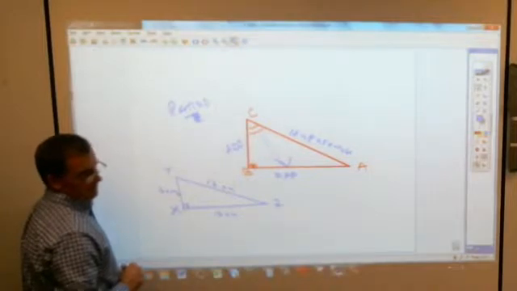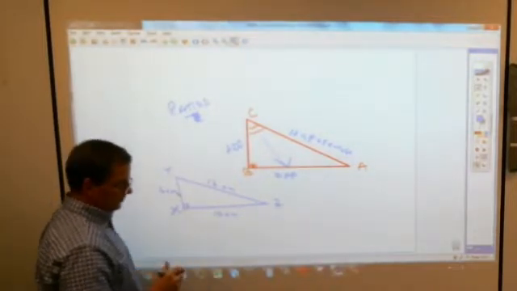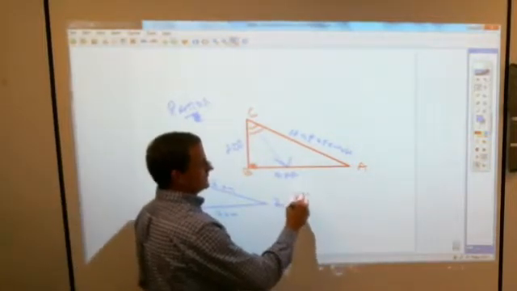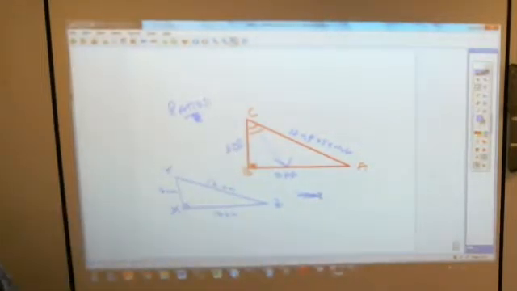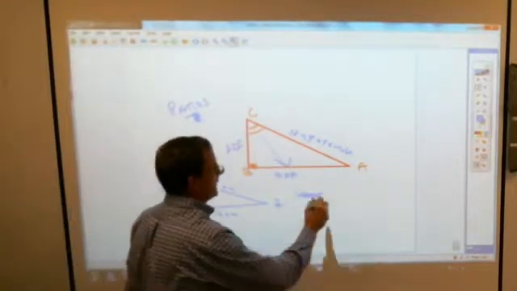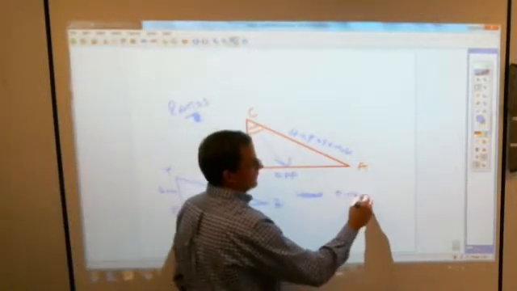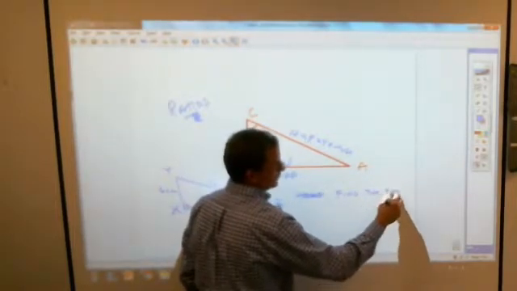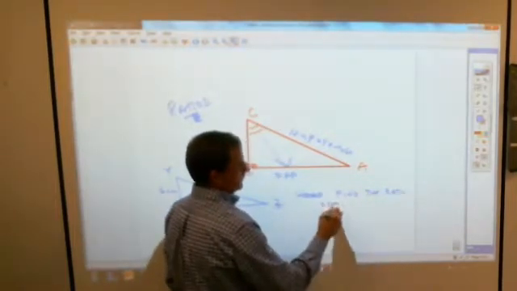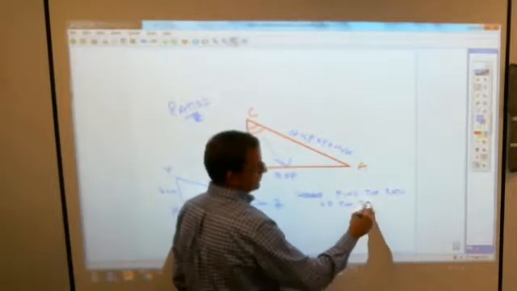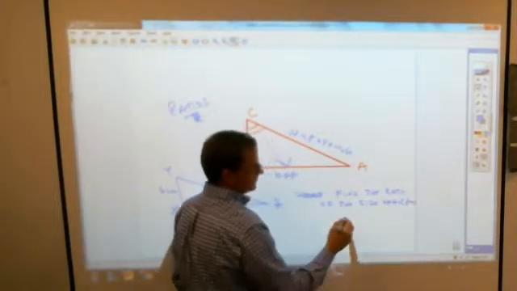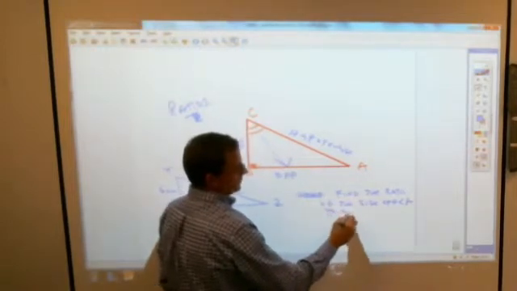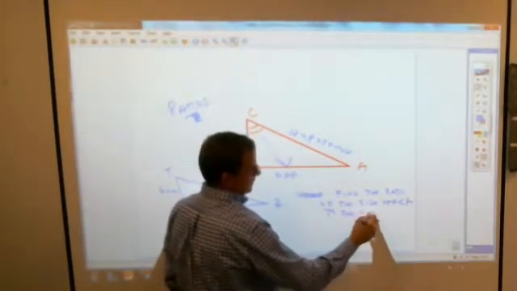So I'm going to ask you for this ratio. I have to tell you what angle first. Find the ratio of the side opposite the angle to the hypotenuse.